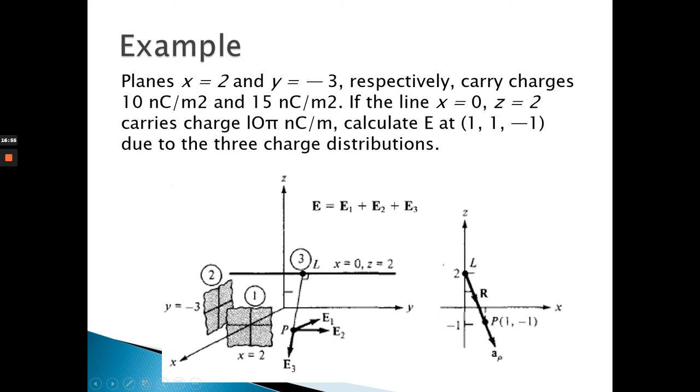The plane y equals minus 3 carries a charge of 15 nanocoulomb per meter squared, which is also a surface charge. So these two surface charges are there.